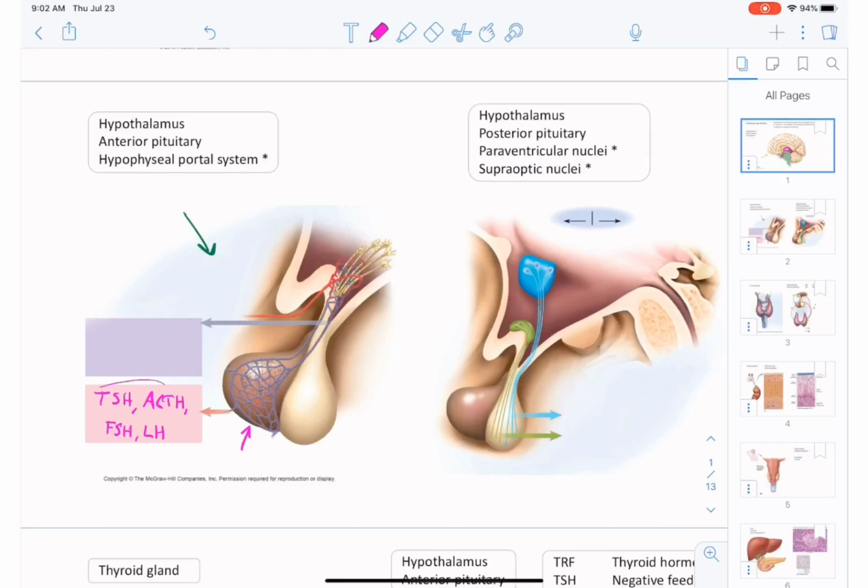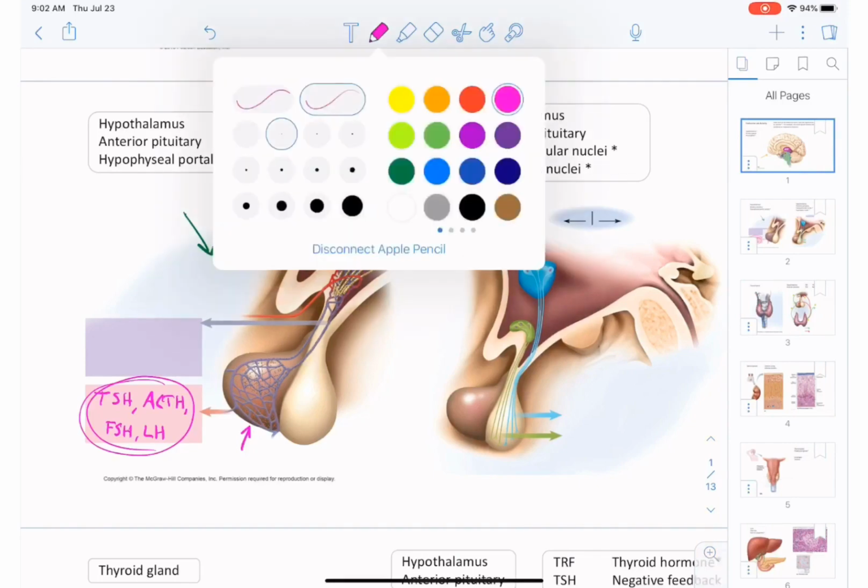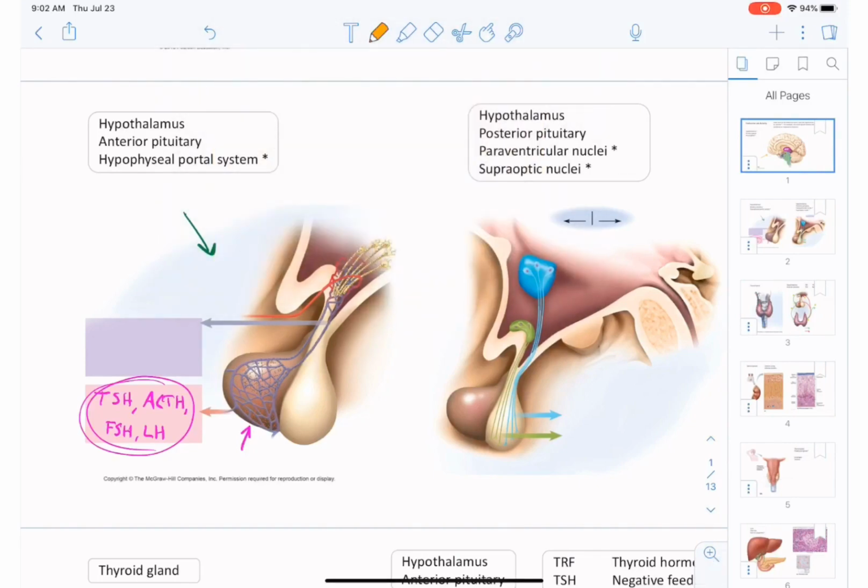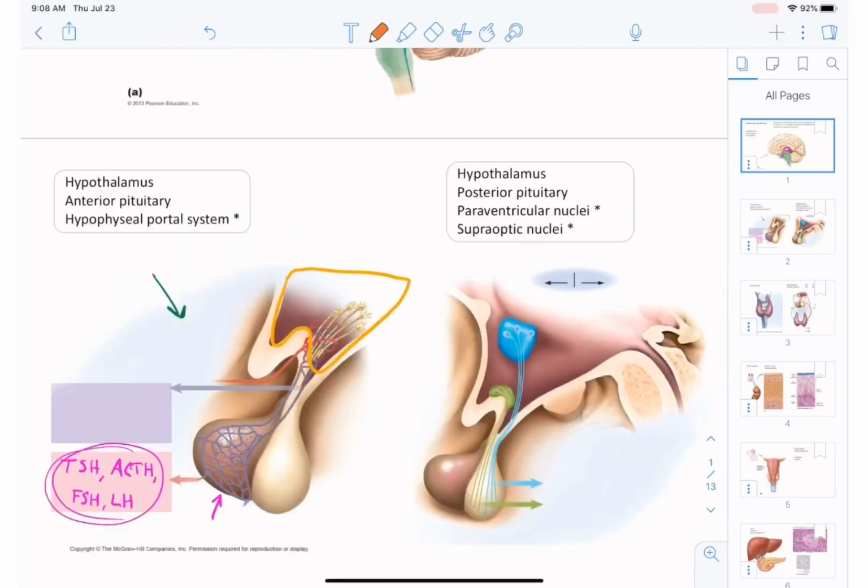But the release of these hormones from the anterior pituitary is going to be under the control of the hypothalamus. Where's the hypothalamus on this figure? This region here is all the hypothalamus.